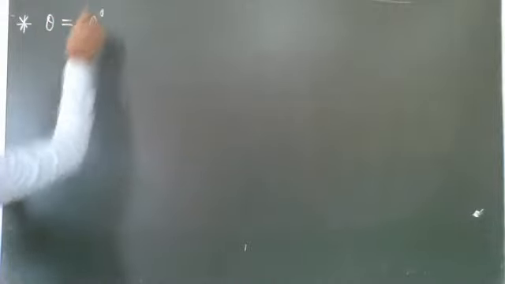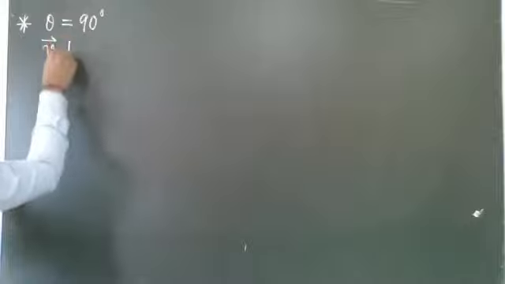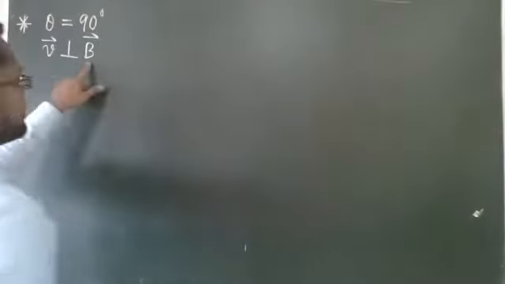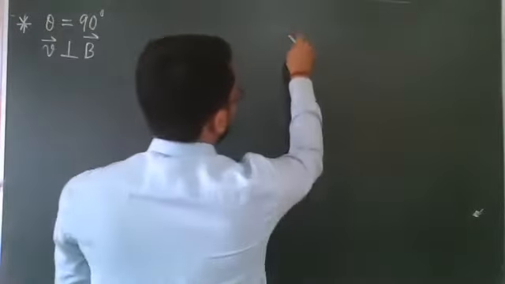Okay, now that condition, that is when theta equals 90 degrees, that means V is perpendicular to B. Here I am taking the B field in this way, cross.